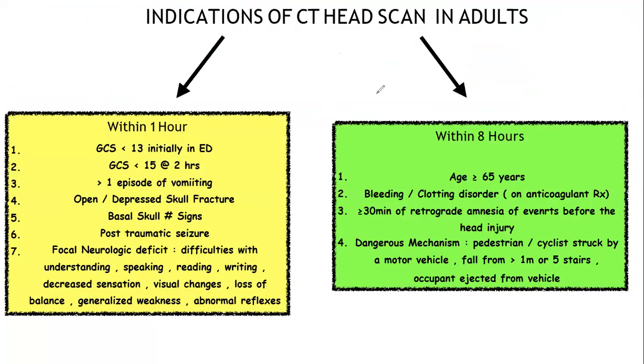Now, the indications of the CT head, you have to cram them. Okay. So we have certain criteria for when we are going to advise the CT within 1 hour and when we are going to advise the CT within 8 hours. In an adult patient, if the initial GCS is less than 13 and after 2 hours it is less than 15, then you have to advise CT in 1 hour.